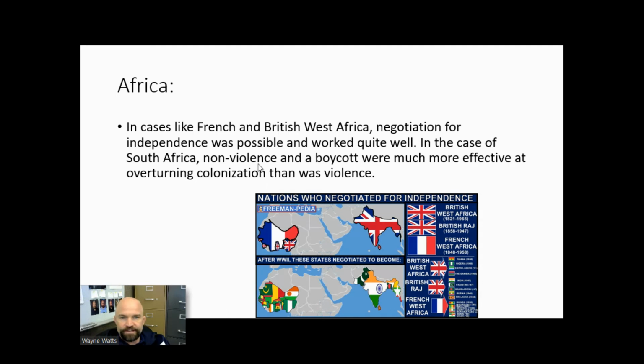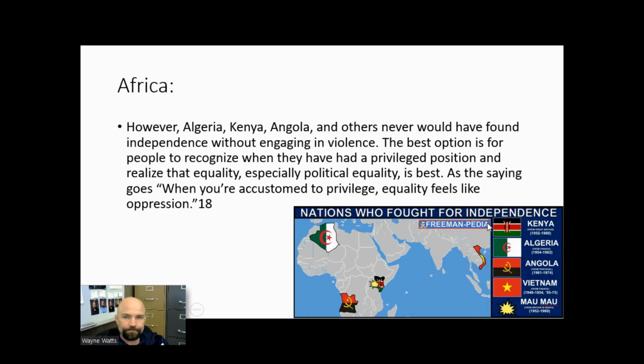In cases like French and British West Africa, negotiation for independence was possible and ended up working out quite well. In the case of South Africa, nonviolence and a boycott were much more effective at overturning colonialization than was violence itself. However, Algeria, Kenya, Angola, and others never would have found independence without engaging in violence.